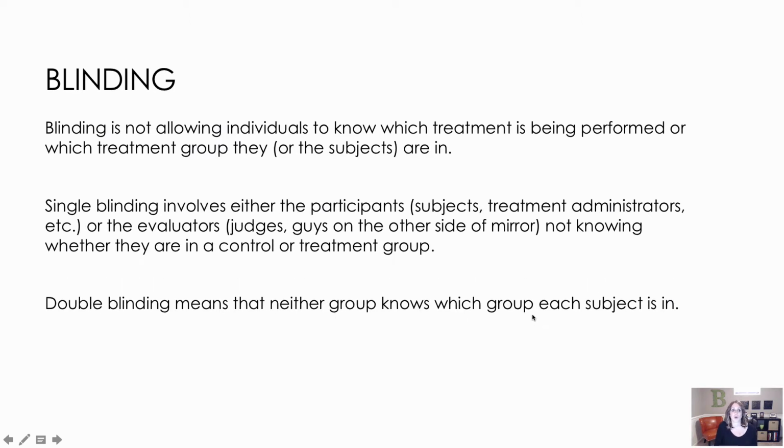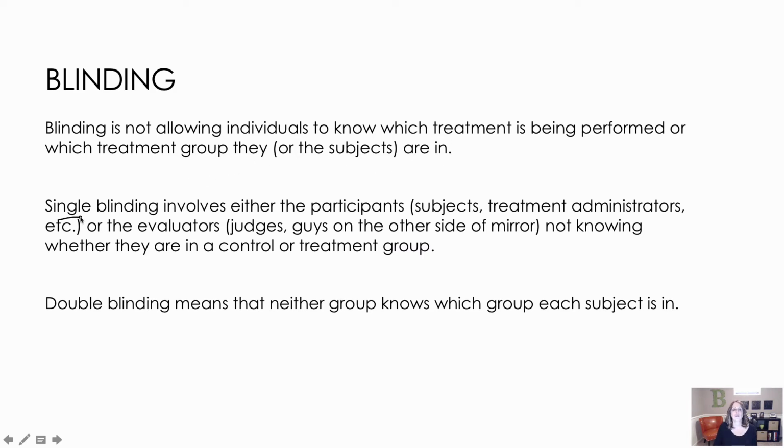Blinding is very important because essentially it allows us to conduct an experiment and hopefully eliminate the bias that you would get if people knew that they had the correct treatment, or if doctors knew which patients had the correct treatment. So blinding is basically not allowing individuals to know which treatment group is being performed or which treatment group they are in.